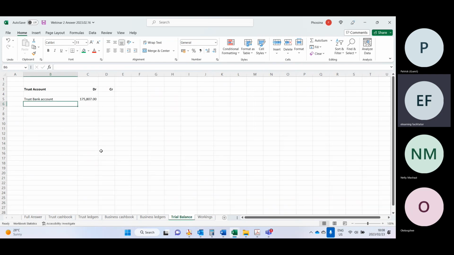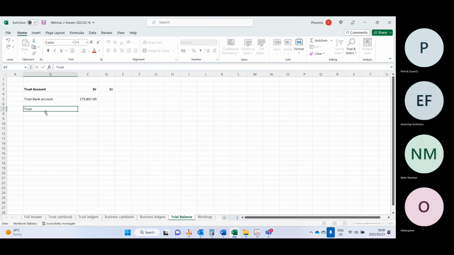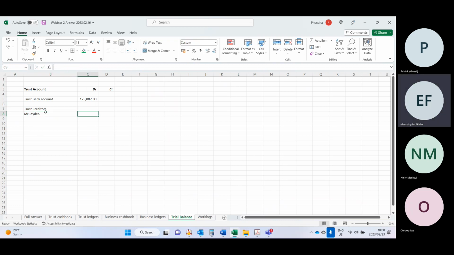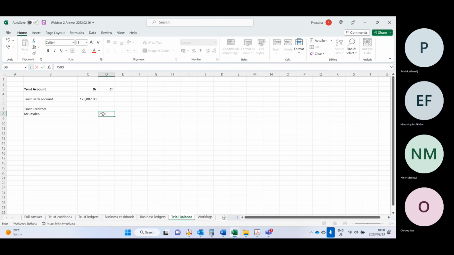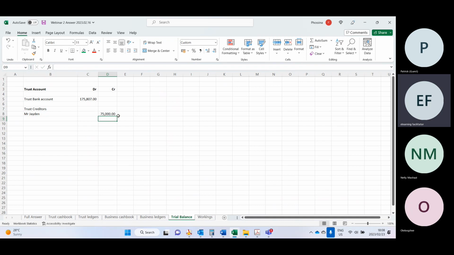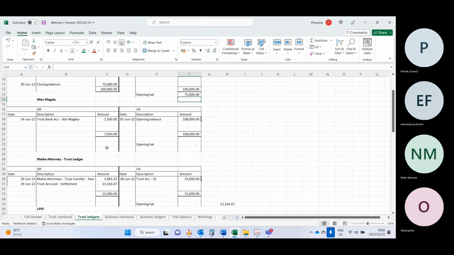So when we do our trial balance, we'll say trust creditors. So we've got Mr. Jaden. How much are we having on the credit? 75,000. Like that. And then who else are we having? We come to Miss Magda.